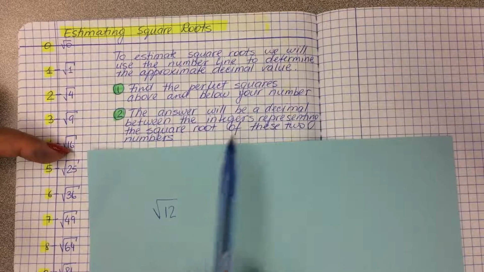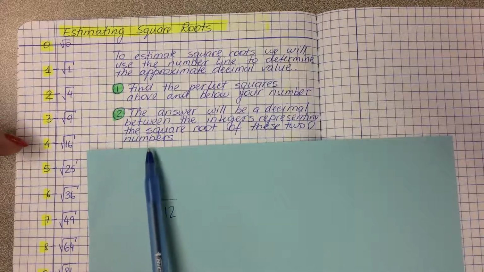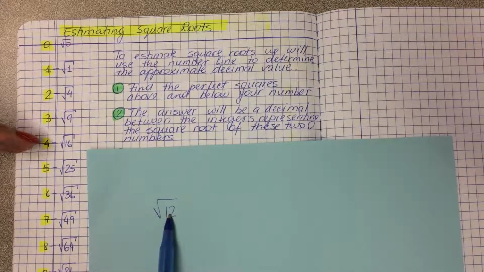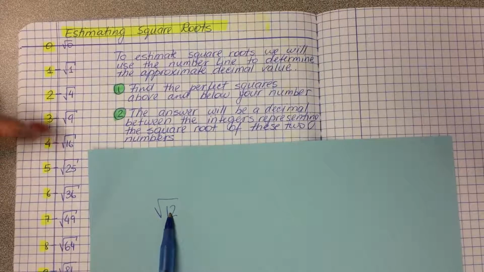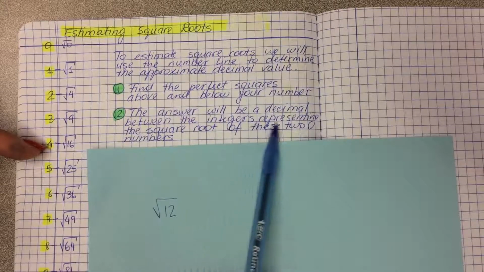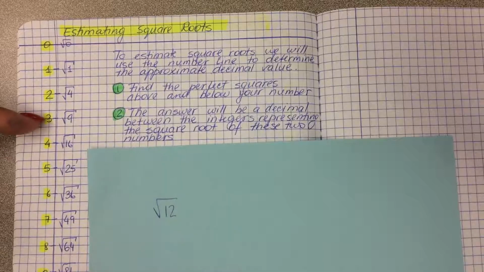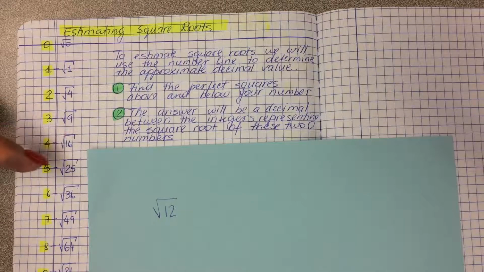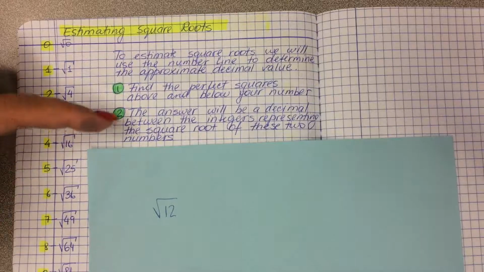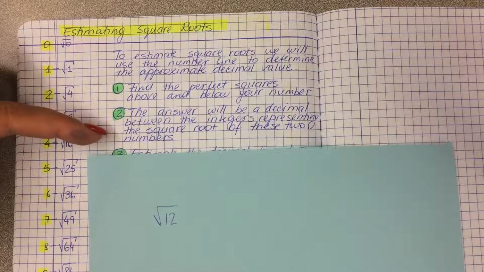The answer will be a decimal between the integers representing the square root of those two numbers. So the square root of 12 being between 3 and 4 will be a decimal between those integers, so 3 point something.